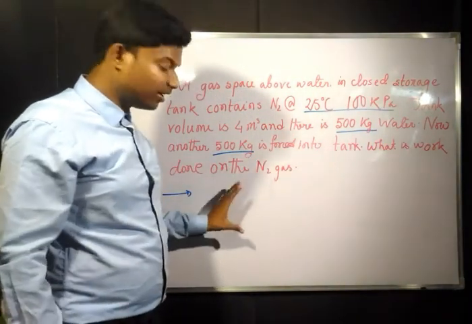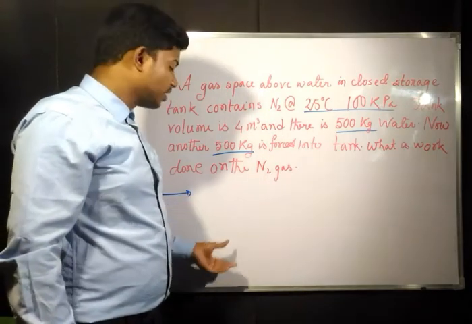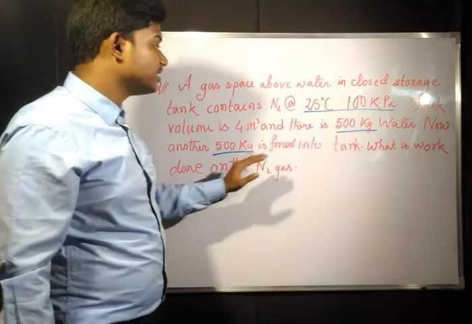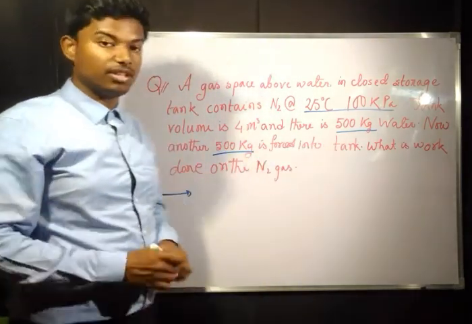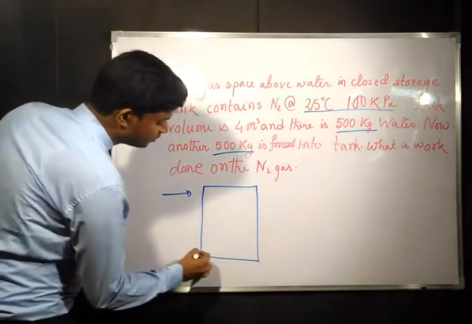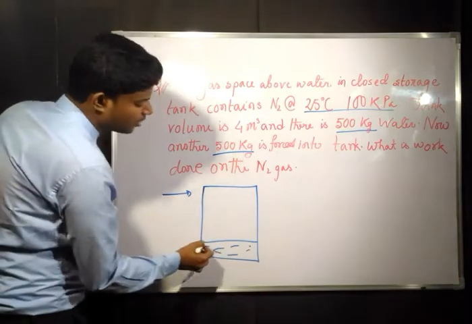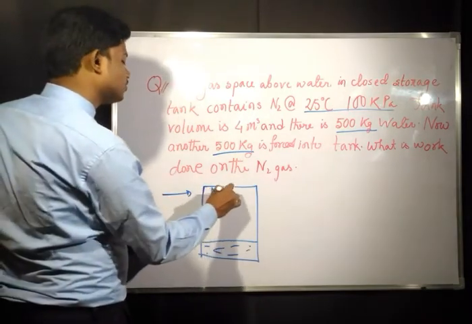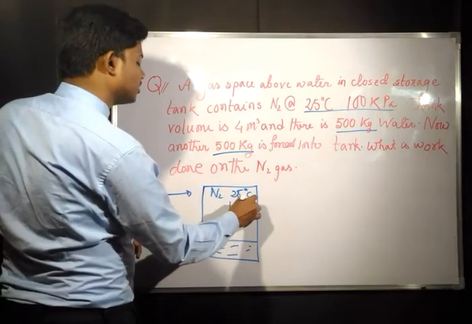So what happened? At first there was some water in the tank and some nitrogen gas. Now another 500 kg of water has been forced into the tank. What is the work done on the nitrogen gas? That means there is a rigid tank with some water level, 500 kg of water, and above that nitrogen at 25 degrees centigrade and pressure 100 kilopascal.